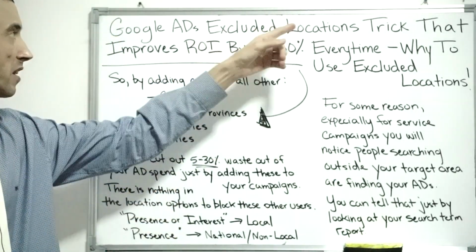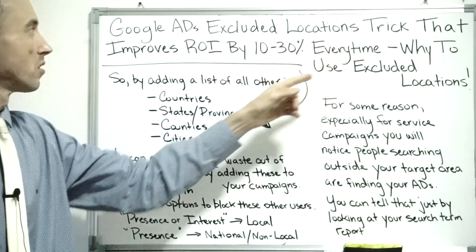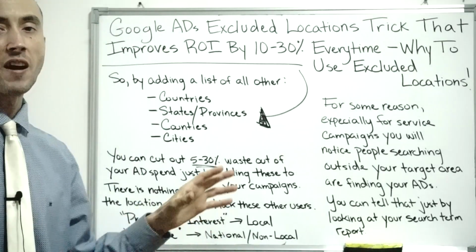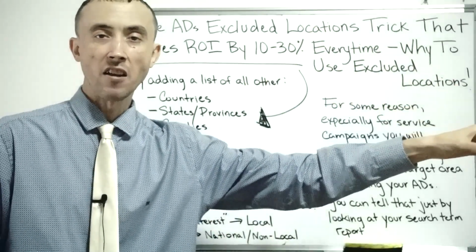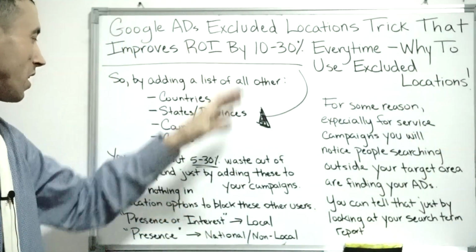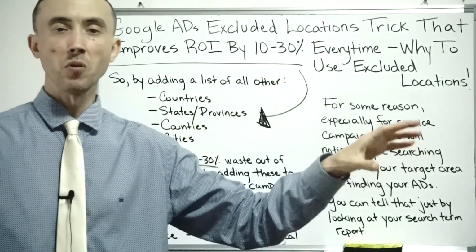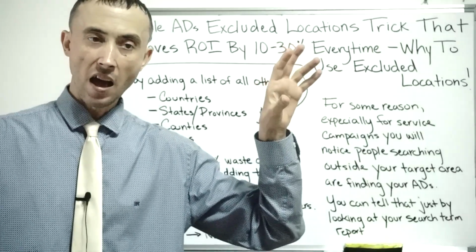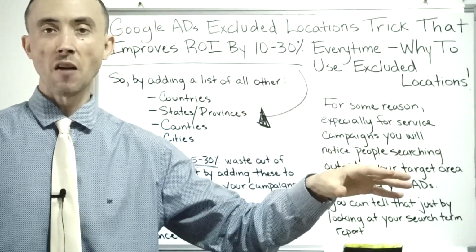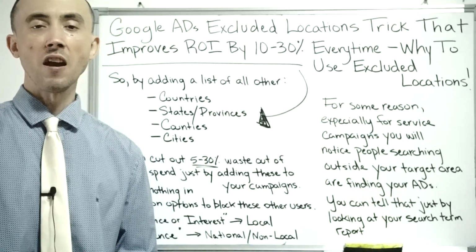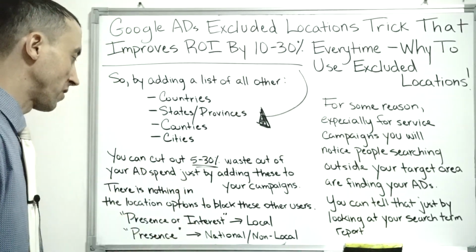And if you use the excluded locations, then you have no problems with it. You don't have to worry about your ad showing up for a guy or a gal in another state, because it won't. And therefore, you don't have to go with presence only, and you get the maximum number of people possible in your geographic market who could be a customer and are in the area that you actually serve, if that makes sense, so to say.